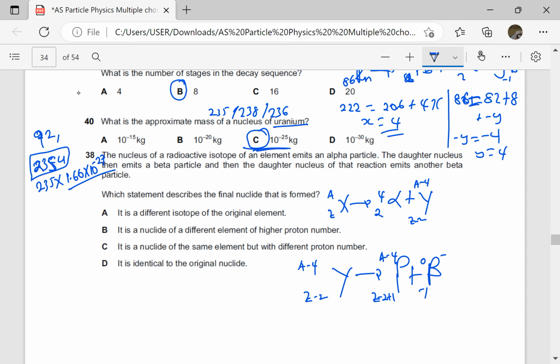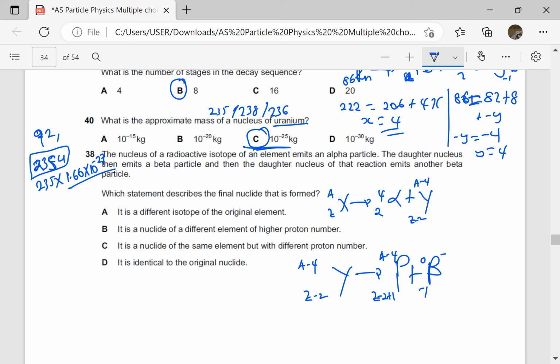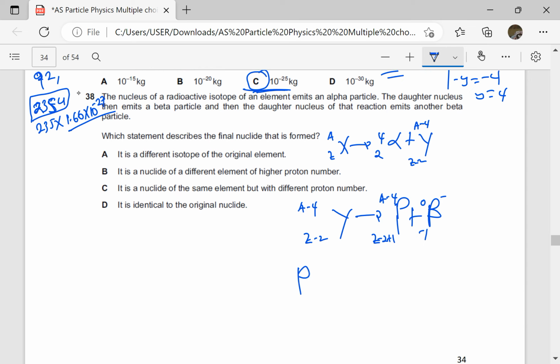Then, again, this one emits another beta particle. So P, that is A minus 4, Z minus 2 plus 1 is Z minus 1. It emits another beta particle, 0, negative 1, to give another nucleus Q, which is A minus 4, and this will be Z minus 1 plus 1.